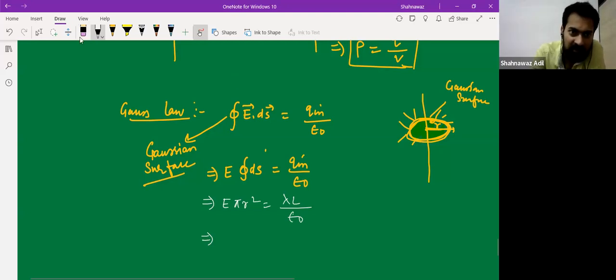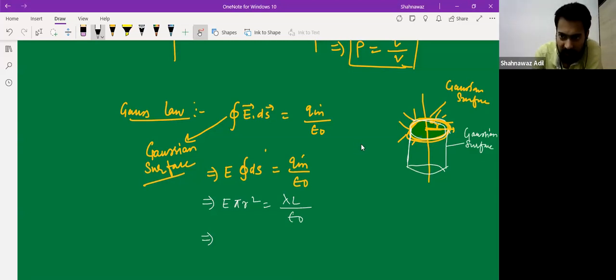We will take the cylindrical surface. This surface we will take, and we will not take that one. So this is the Gaussian surface, sorry about that. What would be the area then?